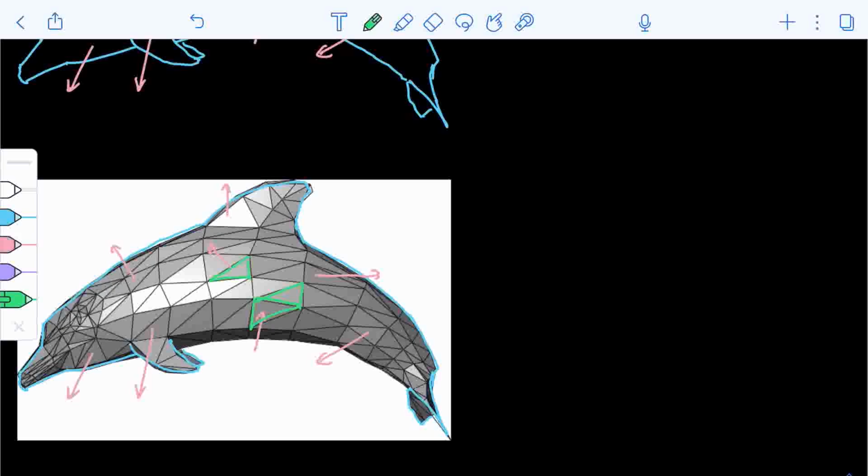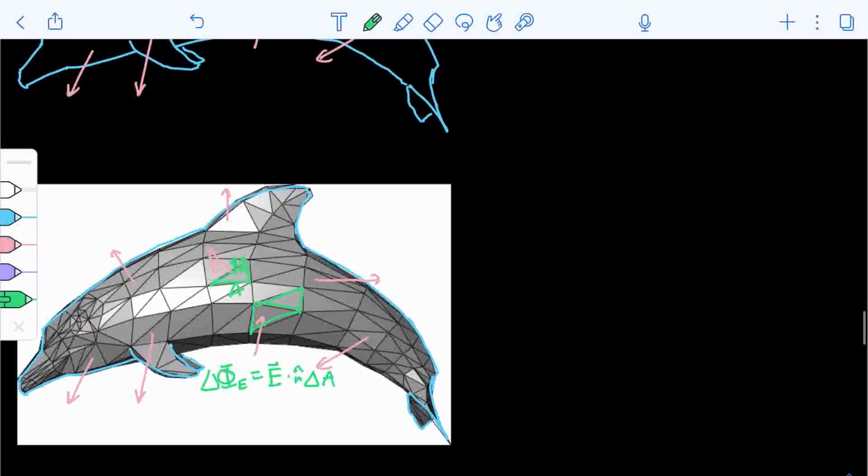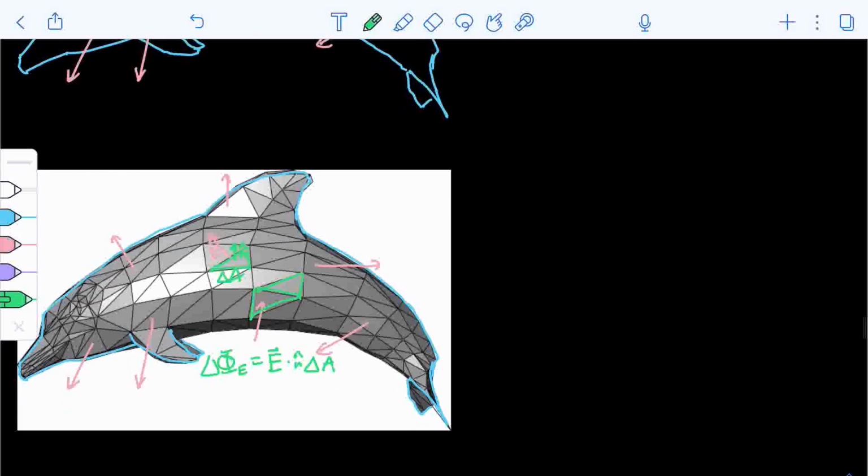For a triangle, we figure out what the unit normal vector is, we figure out the area, we get the electric field, and then we calculate the electric flux for a tiny little triangle to be E dot n hat delta A, where delta A represents the area of one of these tiny triangles. So we do that across all of the triangles across this surface, and then we add up all of these little tiny electric fluxes to get the total electric flux across the entire surface.